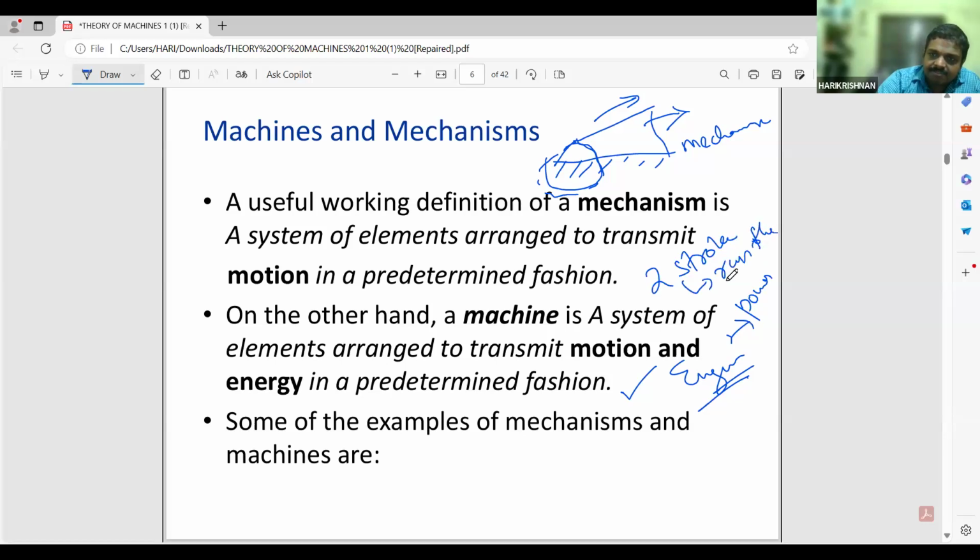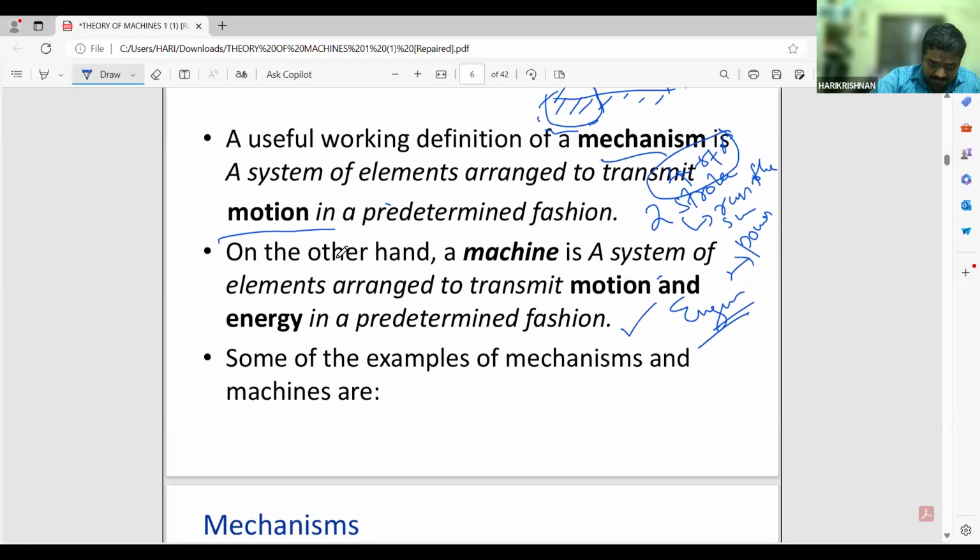A 4-stroke is used in bikes as well as cars, depending upon the use. So that is a machine. It has got some definite work or definite motion and energy. But when it comes to a mechanism, it will be arranged to transmit only motion.